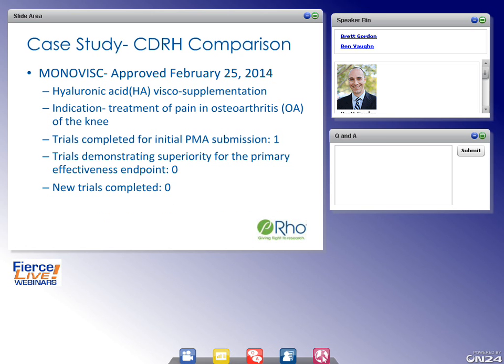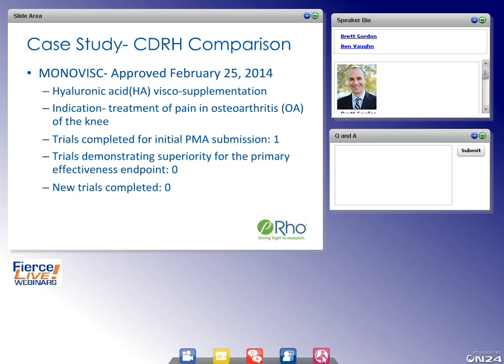This is a particularly interesting approval because, first of all, it's indicated for the treatment of pain in osteoarthritis. So if you were following the CDER guidance, you would have expected that at least 2 trials would have been done in osteoarthritis. However, only 1 trial was done in support of the initial PMA submission.